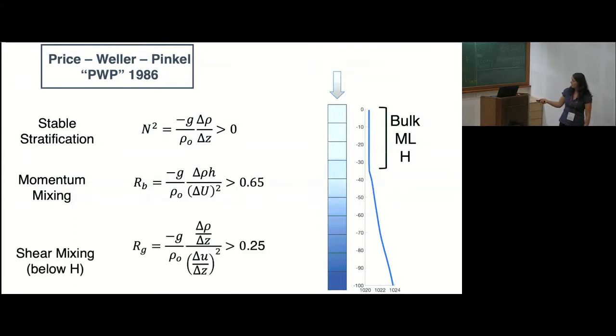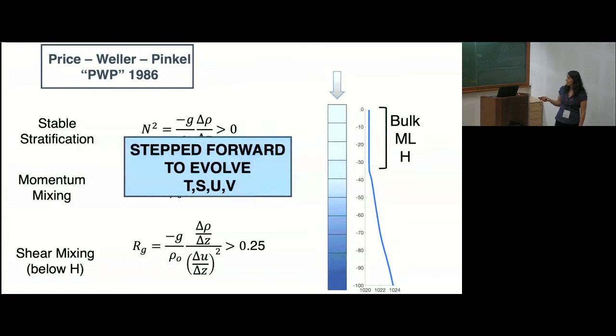And then there's a third criteria, which is another Richardson-based criteria, but it's just mixing locally, and this is to smooth out gradients, particularly at the mixed layer base. And so H is determined based on when these criteria are met, and then it uses that H to integrate the equations forward.